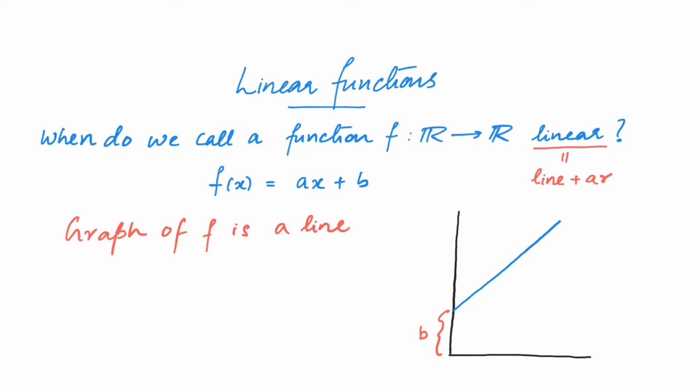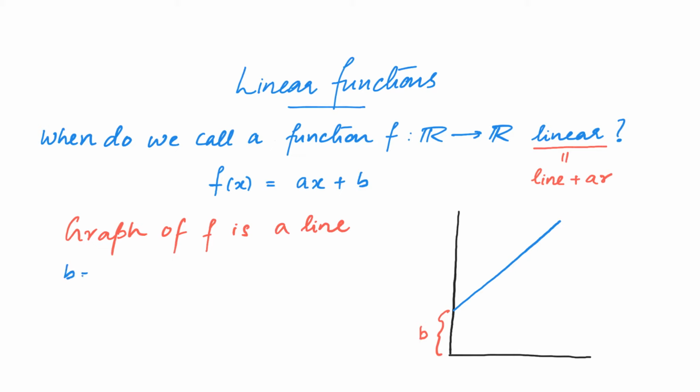If you do not know this, please try plotting the graph of such an equation for fixed a and b and convince yourself that f(x) = ax + b is the equation of a straight line. And this is why such functions are called linear.